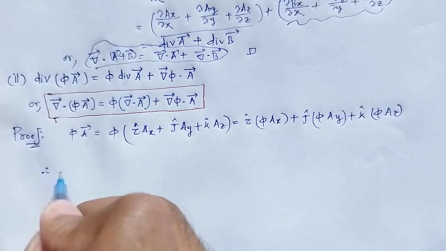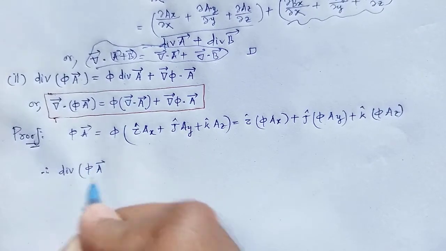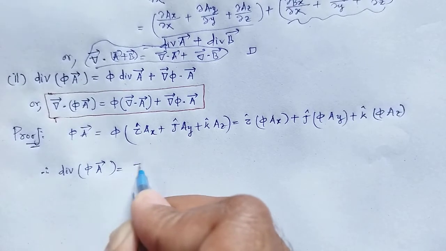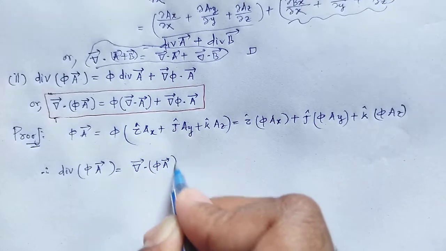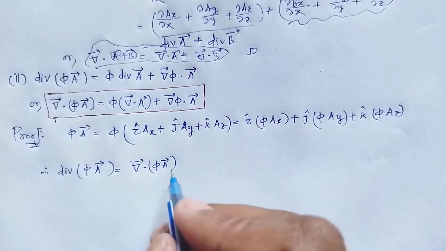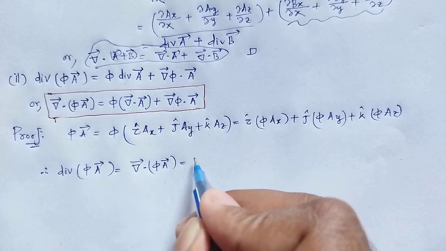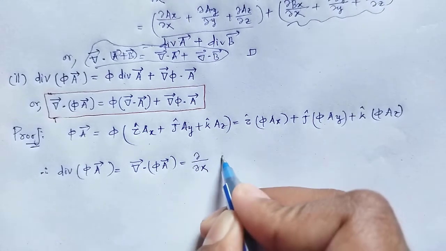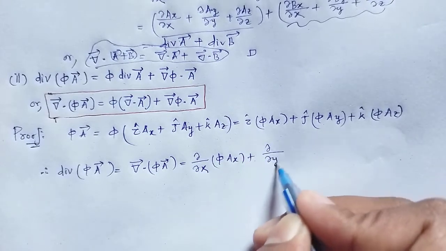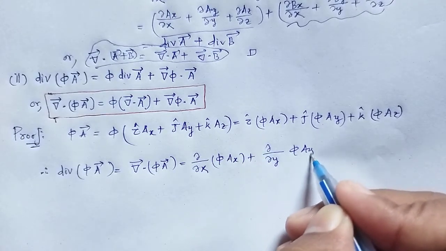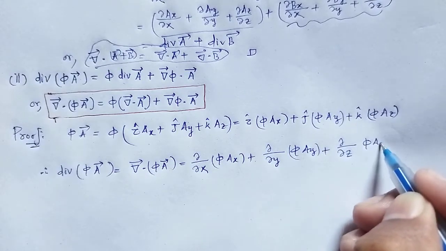Therefore, divergence of phi a vector is equal to grad dot phi a is equal to del by del x phi ax plus del by del y phi ay plus del by del z phi az.